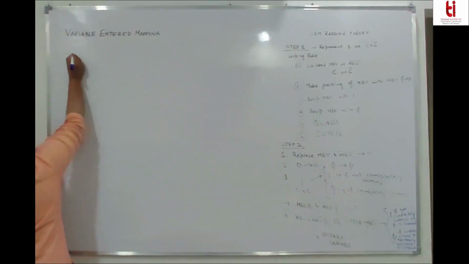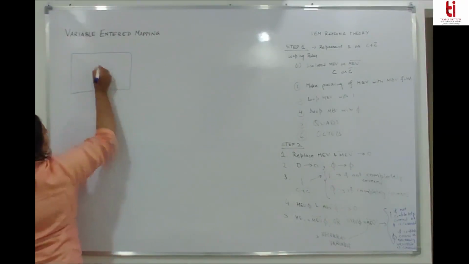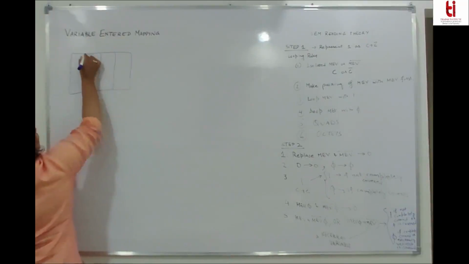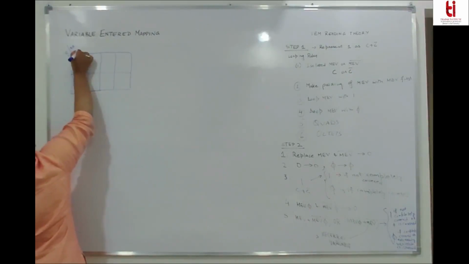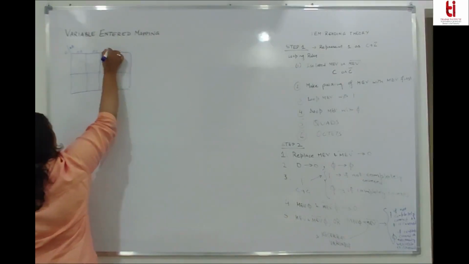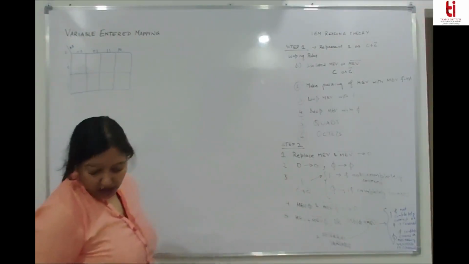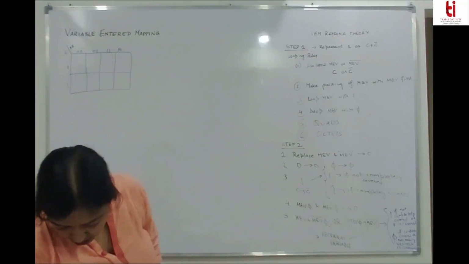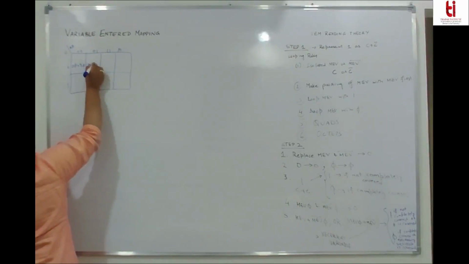Let's have a method. We have an already plotted map. This is what is there, and this is step 1.